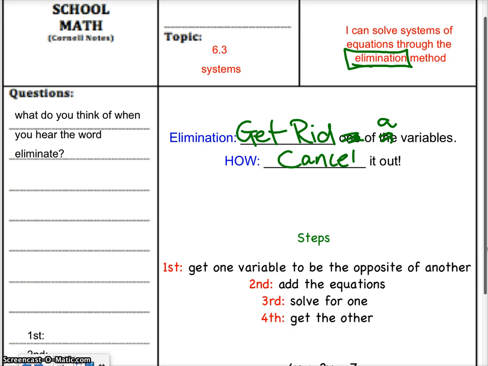Now let me show you how you cancel, because I think this is pretty intuitive once I guide it to you. So, if I wanted to cancel out -4, what would you add to it? +4. If I wanted to cancel out 7, what would I add to it? I would add a -7.